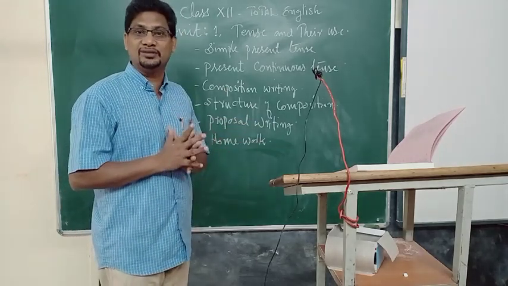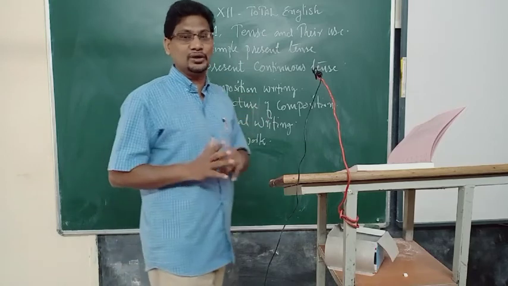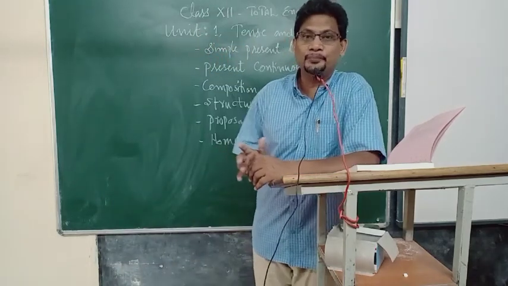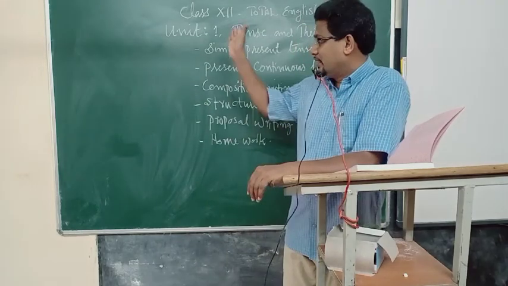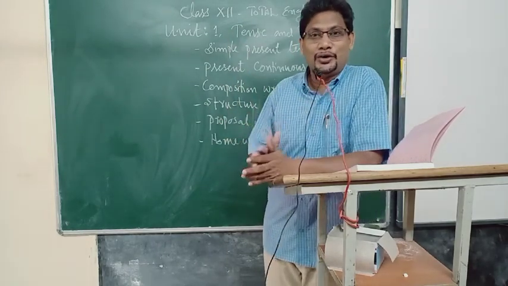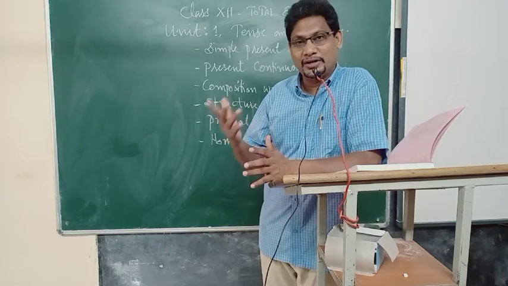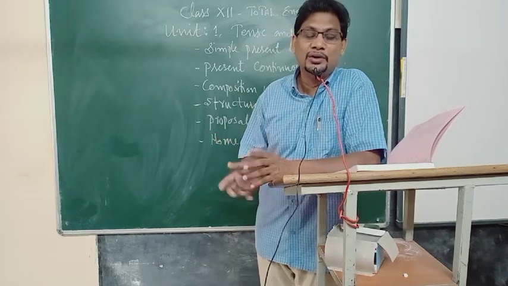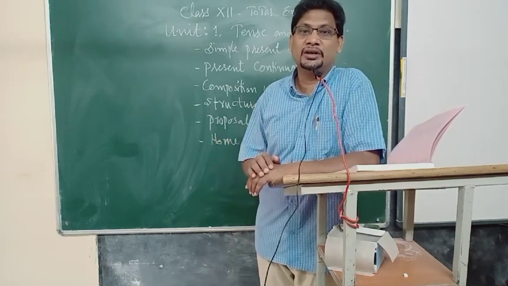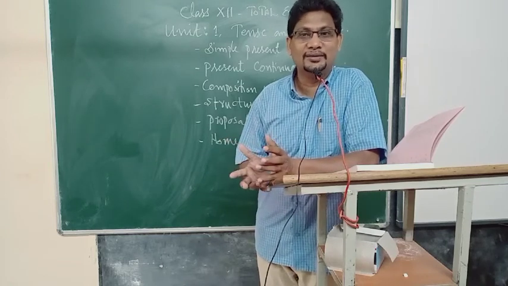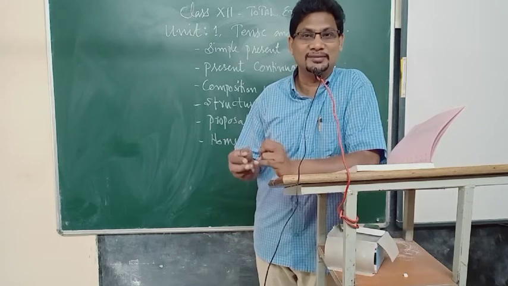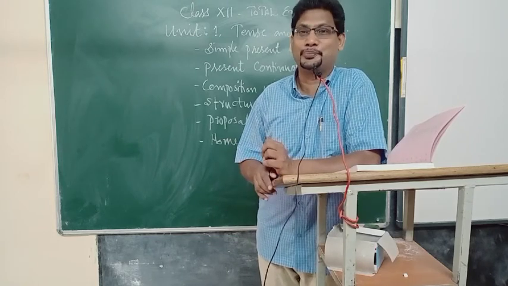class with some homework. Yes, dear students, there is nothing new that you do not know of what I have written here. We have already discussed and learned these things. Now after reaching class 12, I don't have to tell you what is present tense or what are the divisions of present tense.